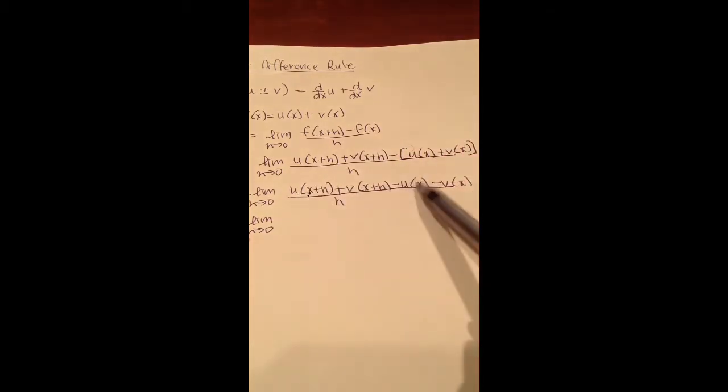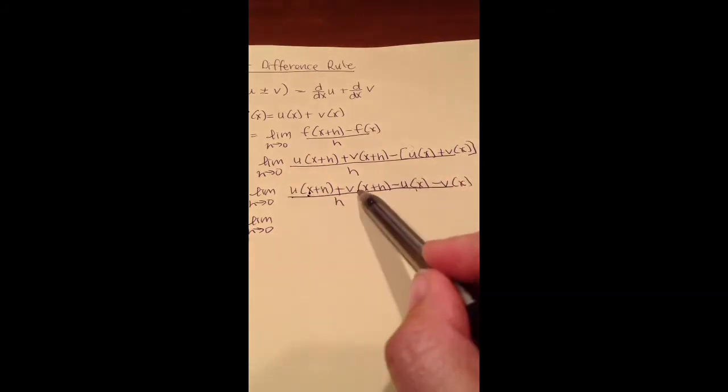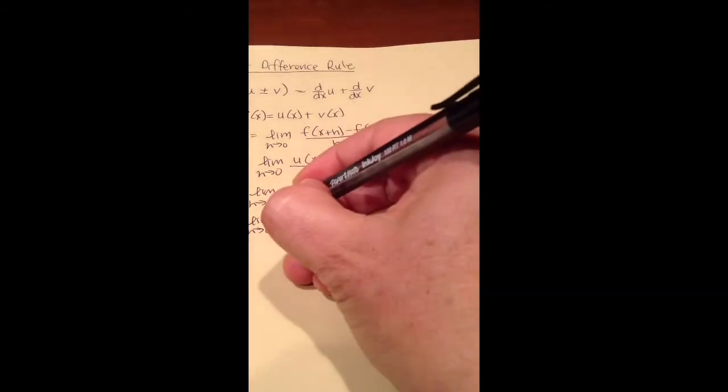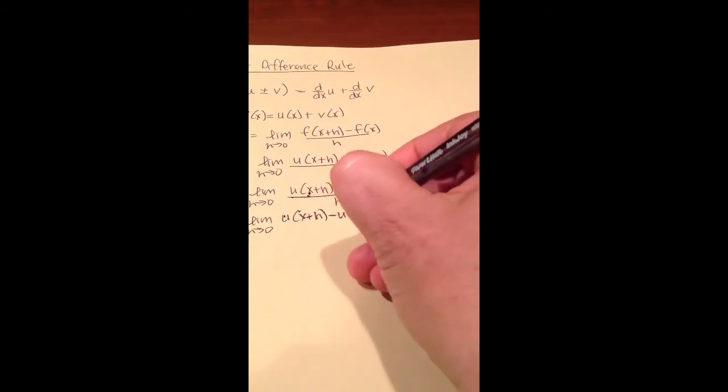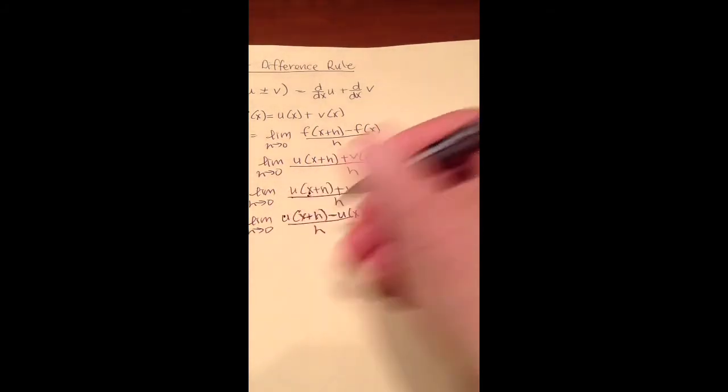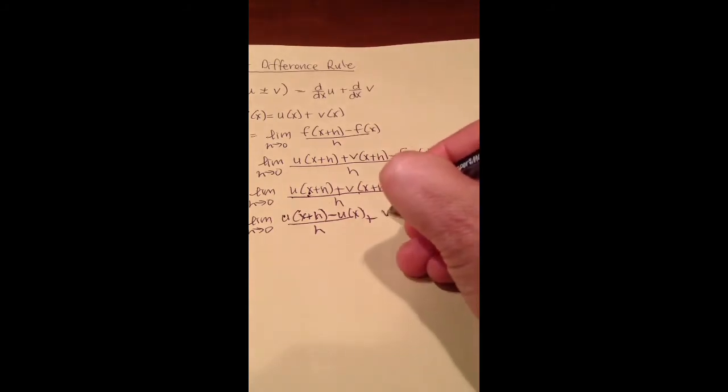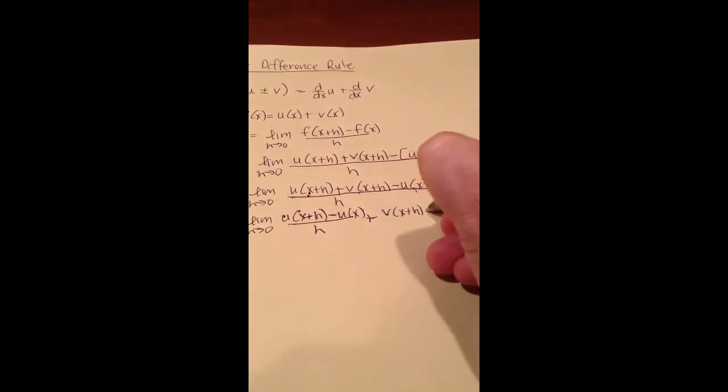Now I'm just going to reorganize this. I'm going to put the u functions first and then the v functions next. So I'm going to put u of x plus h minus u of x, just listing those first. I'm going to split them too. Plus, then I'm going to take v of x plus h minus v of x over h.